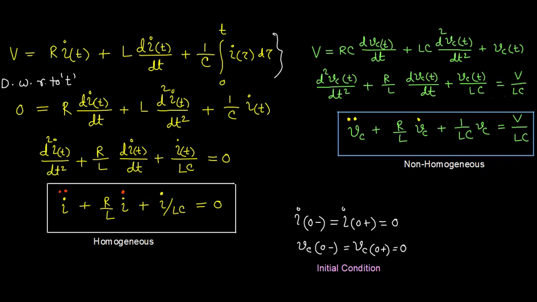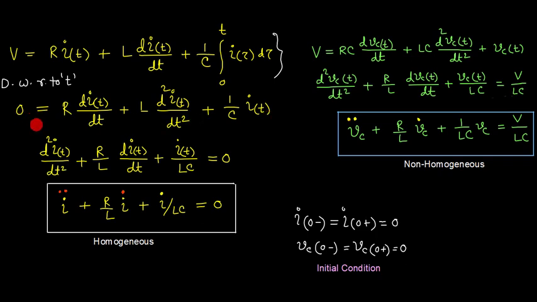Now taking the derivative with respect to time of the entire KVL, we get derivative of voltage, which is 0, equal to the derivative of Ri(t), R is constant, so R times di/dt, plus the derivative of this term, L is constant, so L times d2i/dt2, and this integral term after taking the derivative becomes 1 upon C times only i(t).